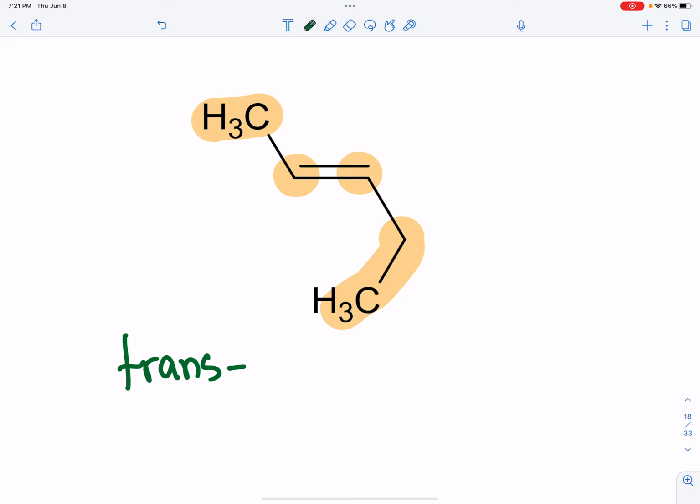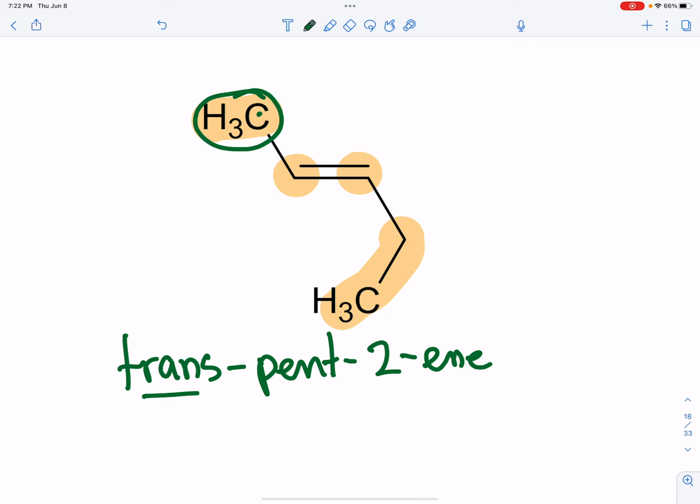The name of this molecule, with 1, 2, 3, 4, 5 carbons in its chain, would be trans pent-2-ene. It's the trans isomer because the methyl group is above that double bond while the ethyl group is below.